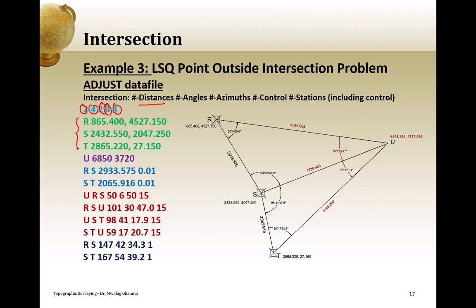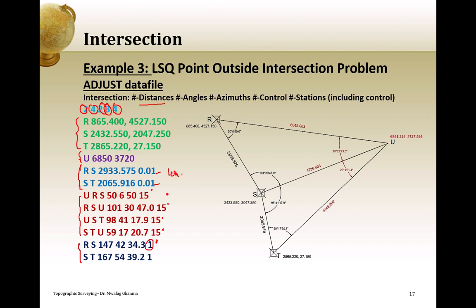First, we list the control information, the unknown, initial estimates, the distances, the angles, and also the azimuth. Observations here: 1 second, 15 seconds, 15 seconds, and for the distances it is 1 centimeter.